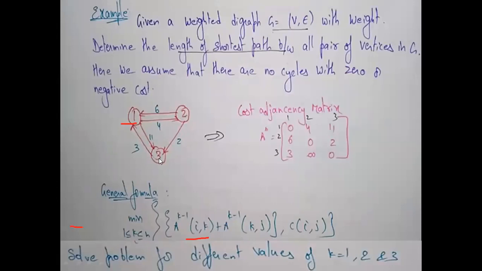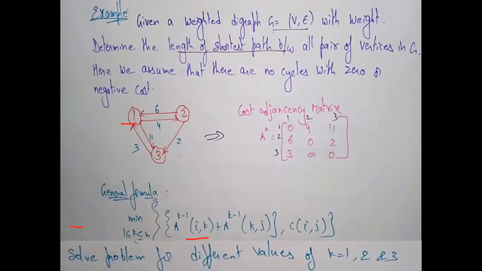If you have 5 nodes, you have to apply k equal to 1 up to 5, that is a 5 cross 5 matrix. You should obtain 5 matrices: A1, A2, A3, A4, A5. These are all the possible solutions, from all the nodes to visit all the other nodes.